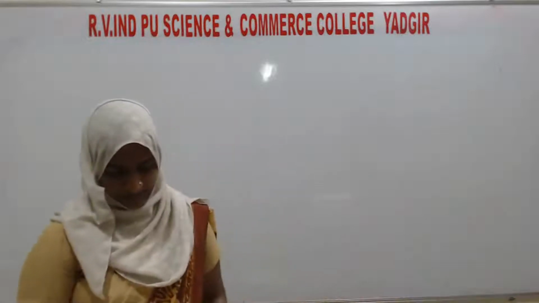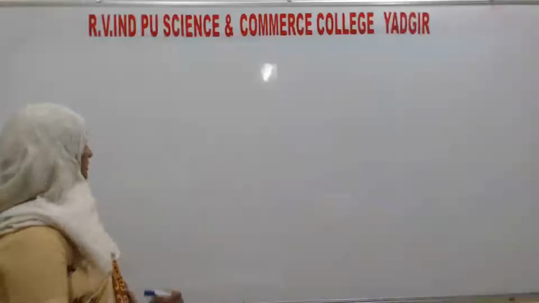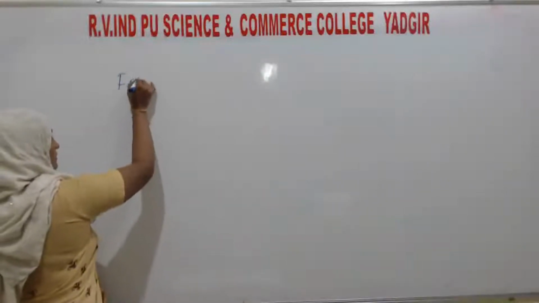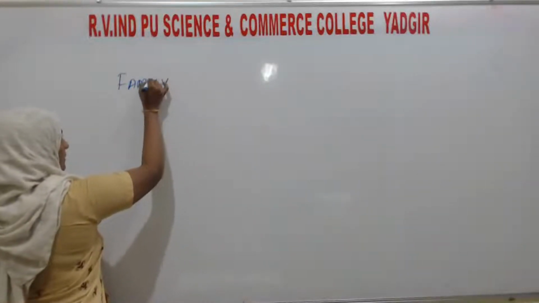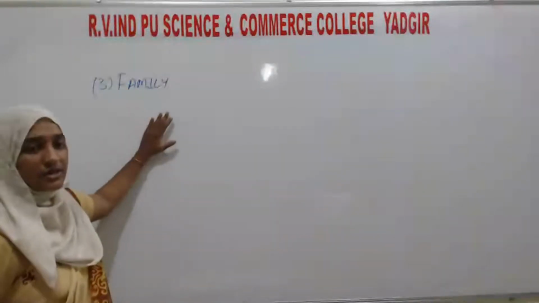Next, the next category is the family. Third one from the lower arrangement.